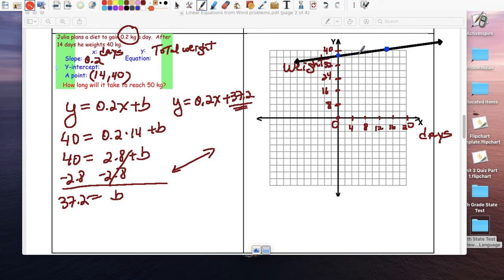So you can see that he's slowly increasing in weight. It's a very, very tiny increase. So let's label this y equals 0.2x plus 37.2. Not that easy if you didn't know how to find the y-intercept, but hopefully this helps. Okay, that's that.